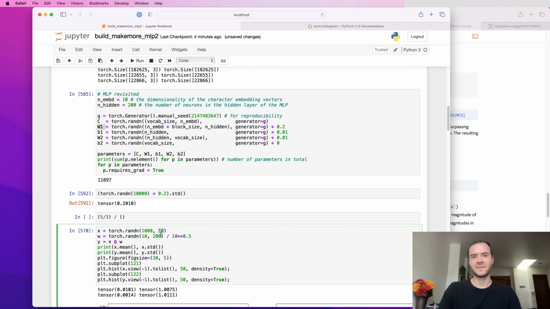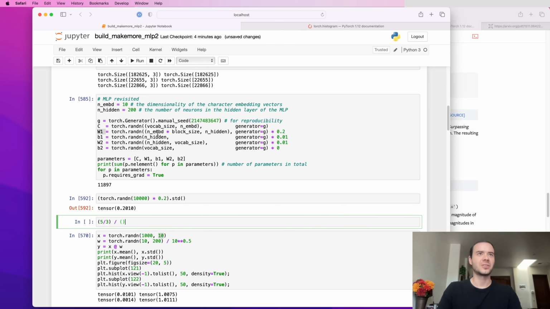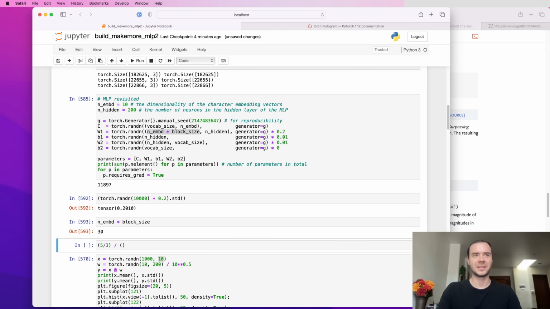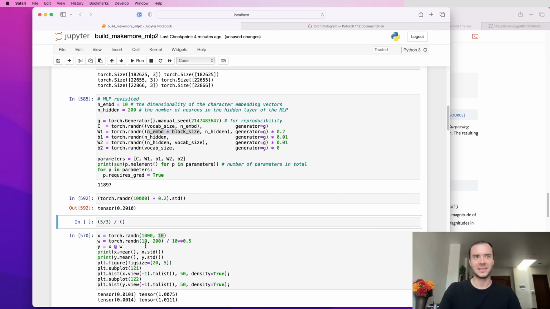In this example, the fan-in was 10. But I just noticed that the fan-in for W1 is actually n_embed times block_size, which as you all recall is 30. That's because each character is 10-dimensional, but then we have 3 of them and we concatenate them. So the fan-in here was 30, and I should have used 30 here probably. So we want the square root of 30.